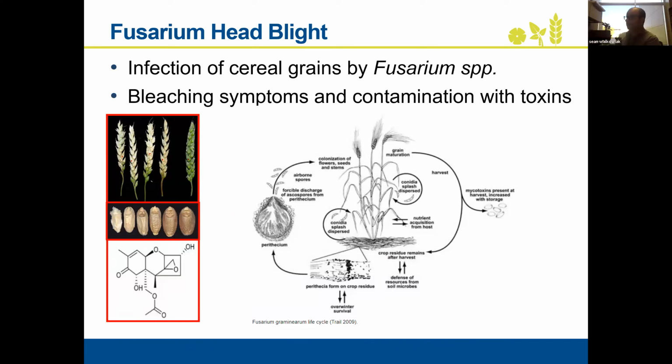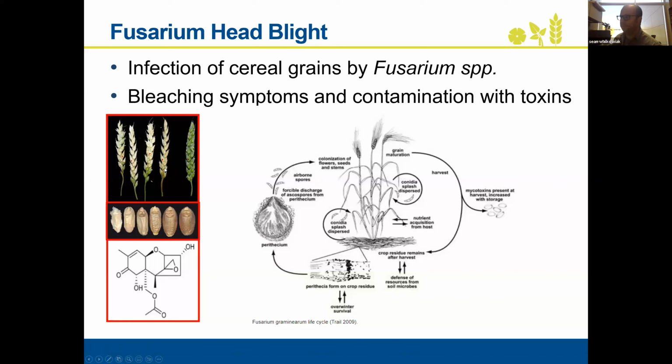So fusarium head blight is caused by fungi from the fusarium species. And usually you see these bleaching symptoms. So this would be a healthy looking wheat head. And then these were ones that were point inoculated, and you can see that they turn white.